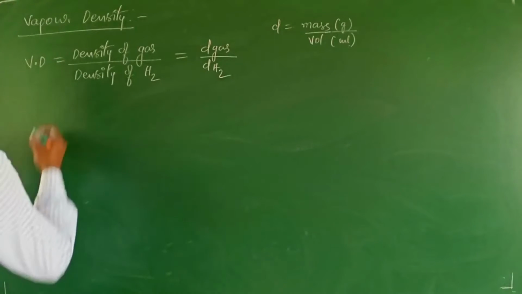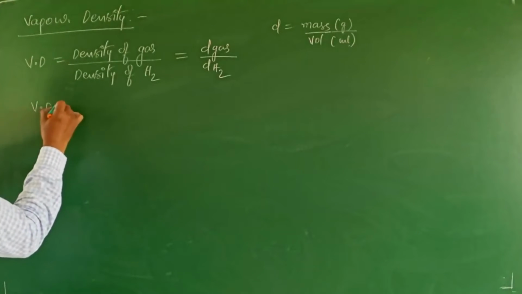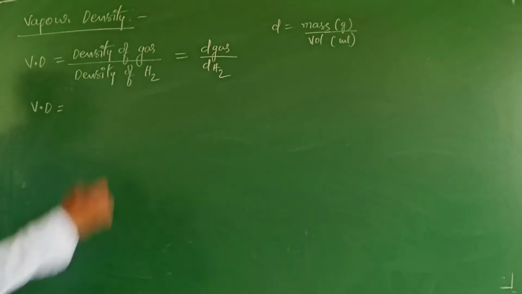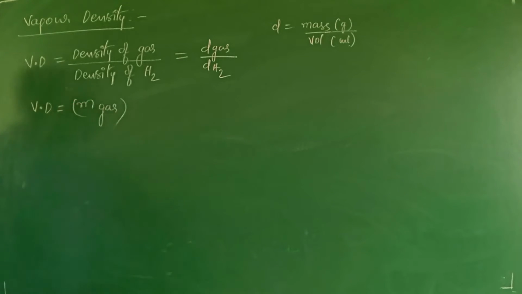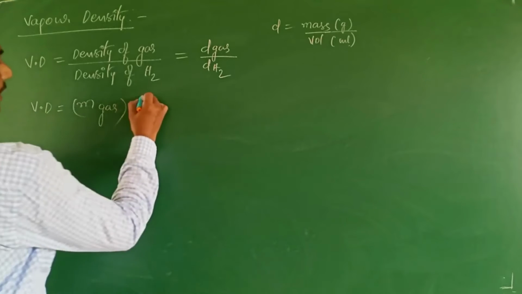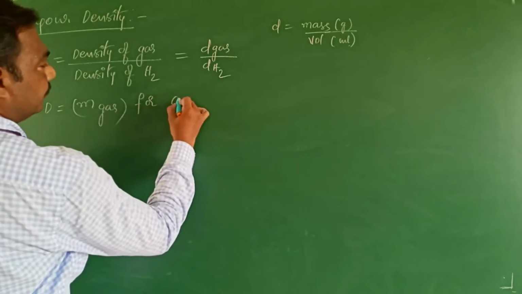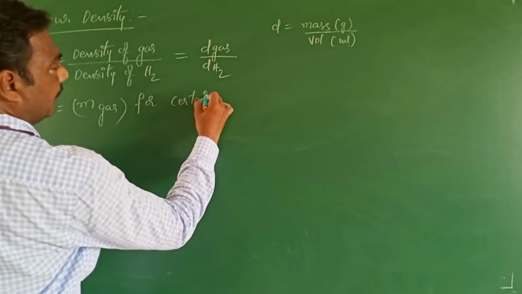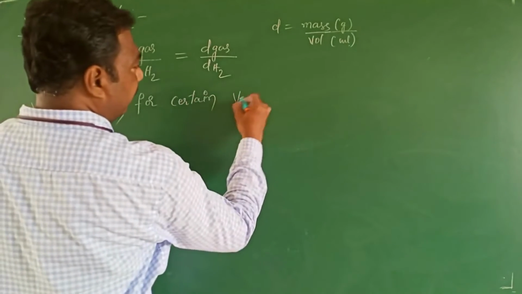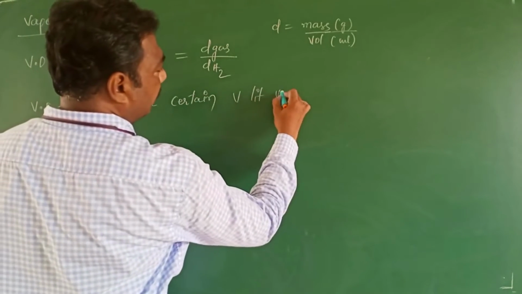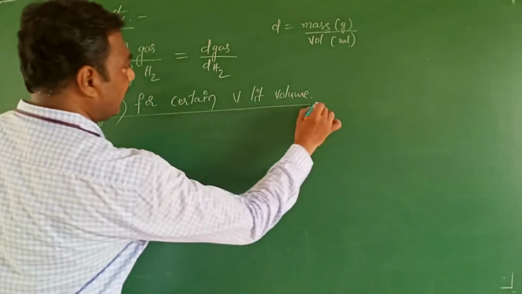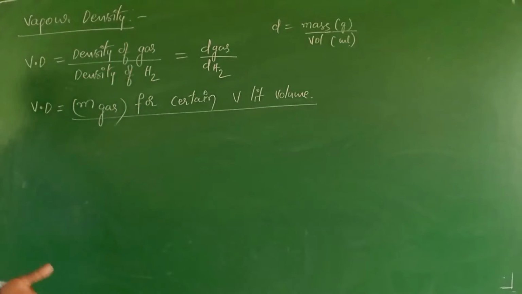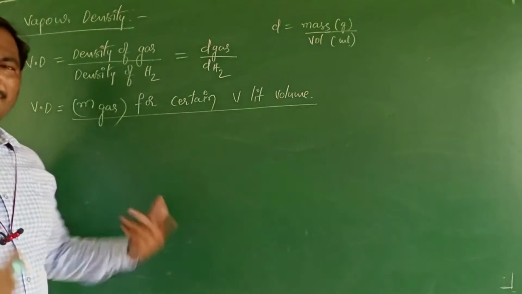Now, vapor density is nothing but mass of a gas for certain V liter of volume, divided by mass of hydrogen for certain V liter volume. What is the amount of V? No, certain V liter.